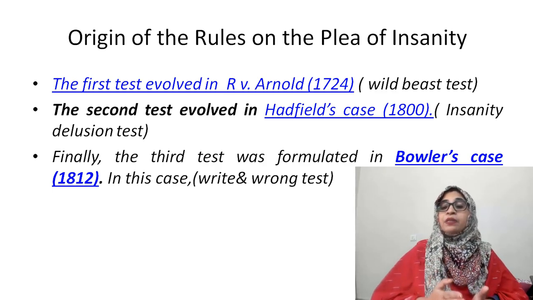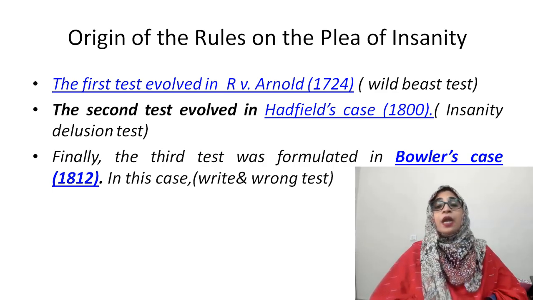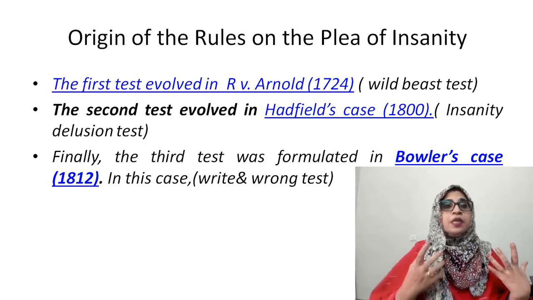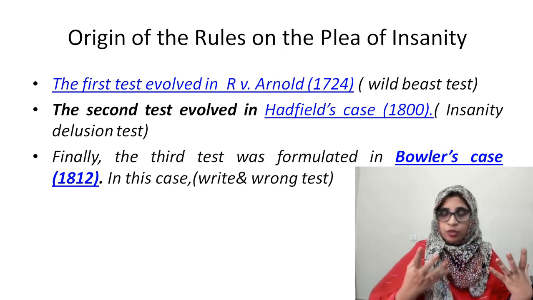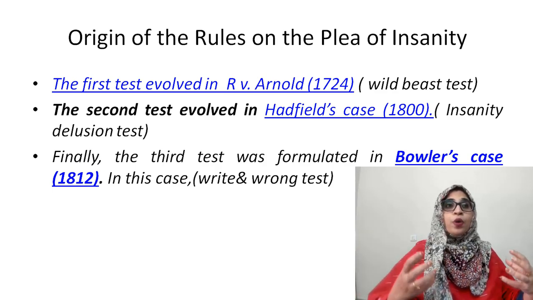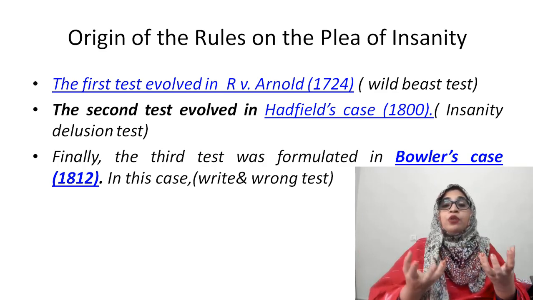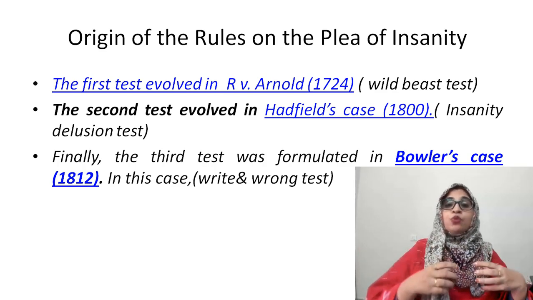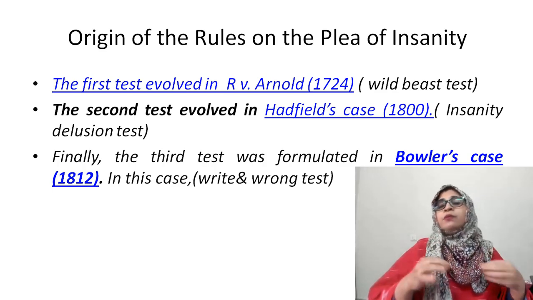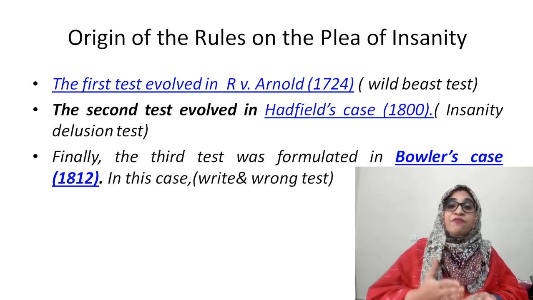The next case relates to the second test, evolved in Hatfield's case. This happened in the year 1800, and it is the insane delusion test. Delusion means the accused doesn't know what he is doing, and also believes that a few people are going to harm him. If in that delusion they commit any act, whether that act comes under the defense or not.